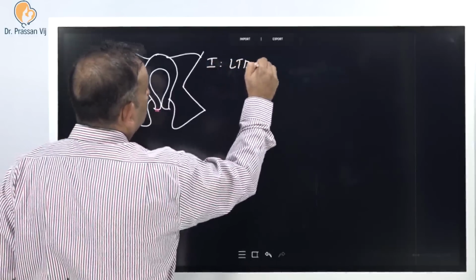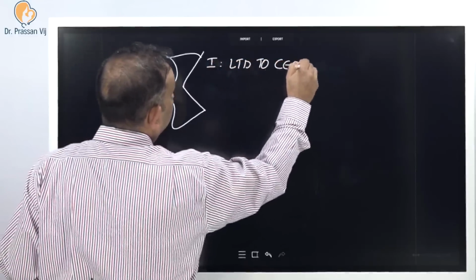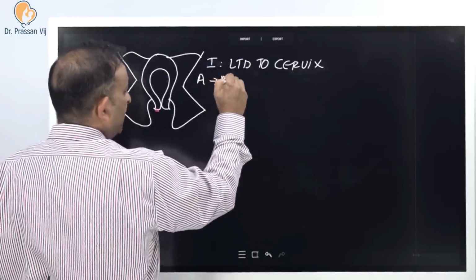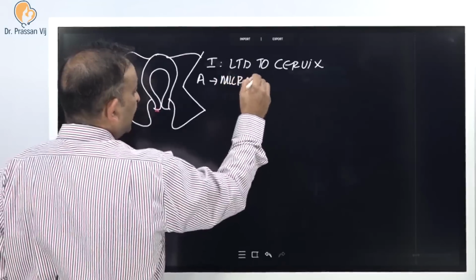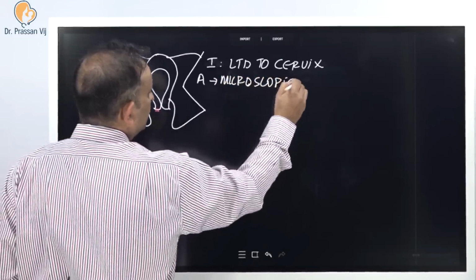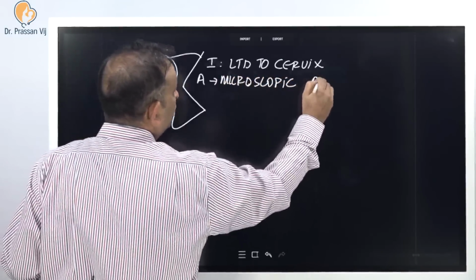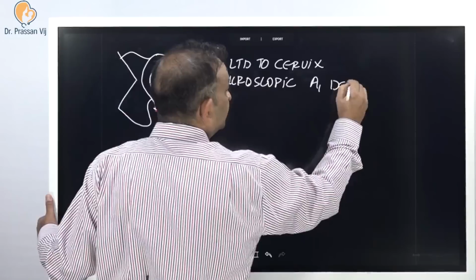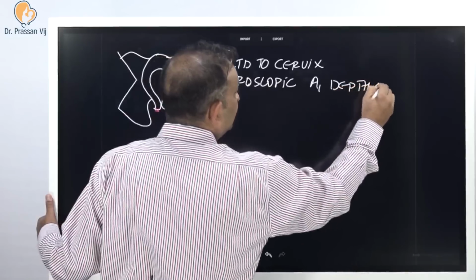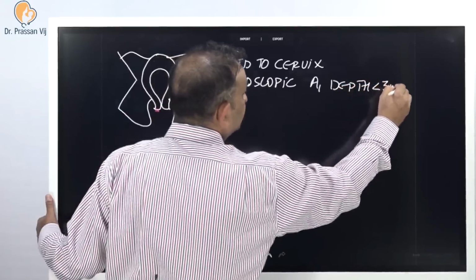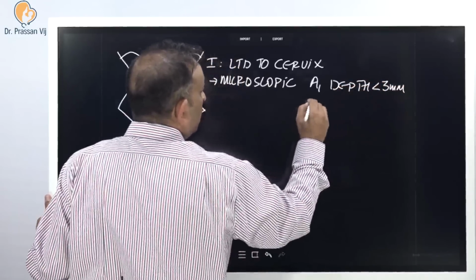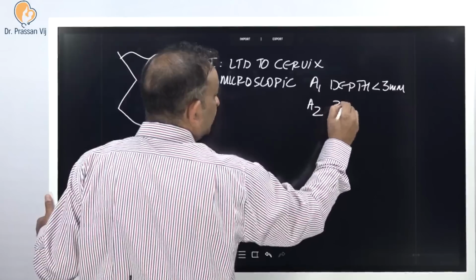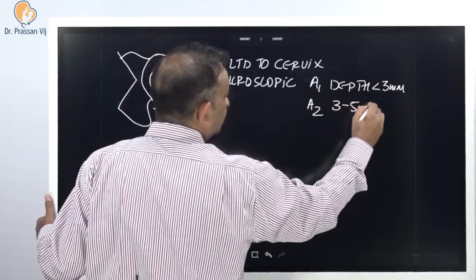Stage 1 is limited to cervix. Stage 1A is the microscopic cancer. In 1A1, the depth of invasion is less than 3 millimeters. In 1A2, this depth is 3 to 5 millimeters.